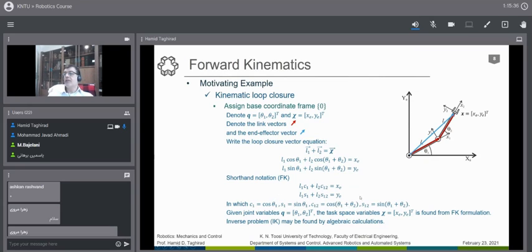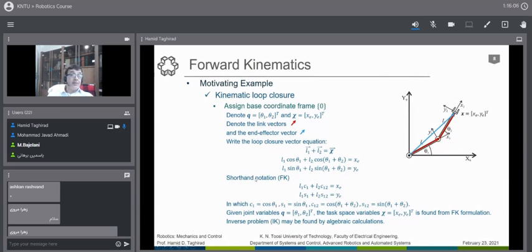And we get this forward kinematics. That's all, done. What does it mean? It means that if the joint variables are given, if Q is given, theta 1 and theta 2, we can simply find the X or task variable.